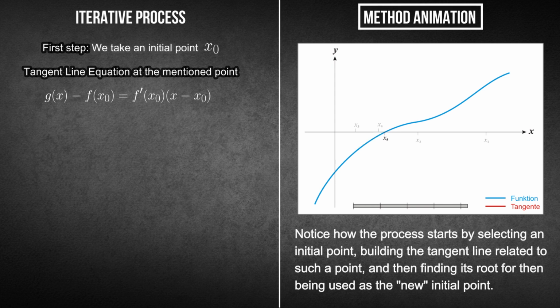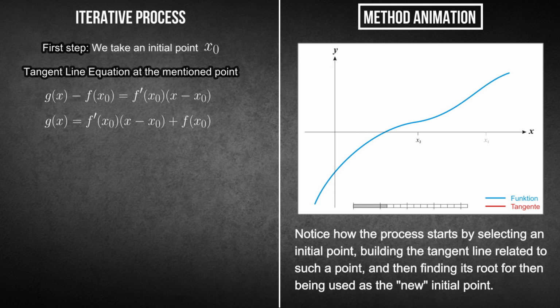By using the derivative of f and the point-slope equation, we find the tangent line of f at the point (x0, f(x0)), which can be represented as g(x) equals f(x0) plus f'(x0) times (x minus x0).